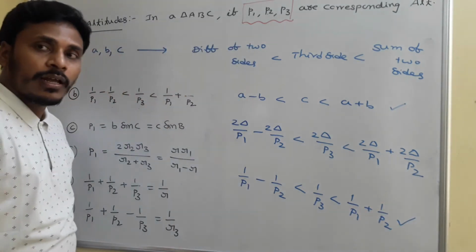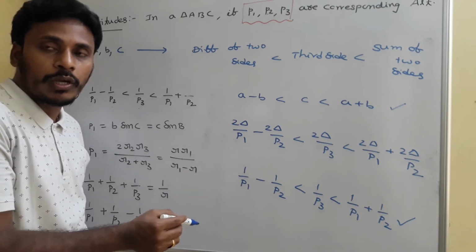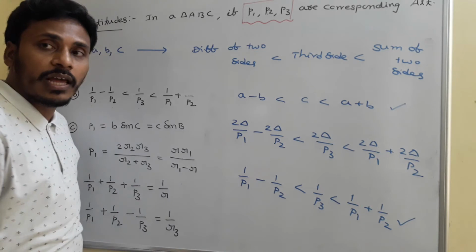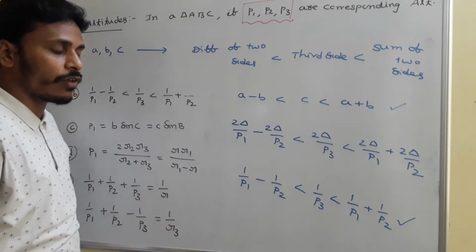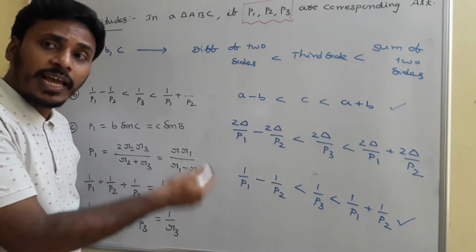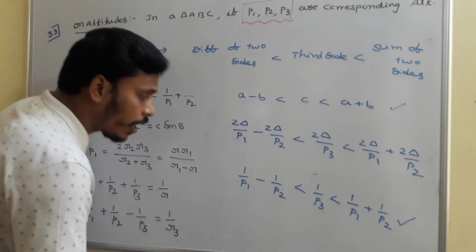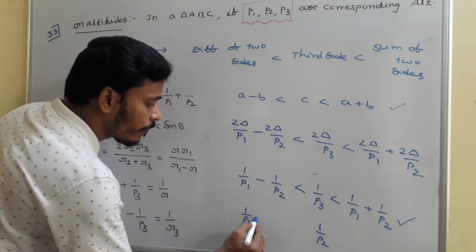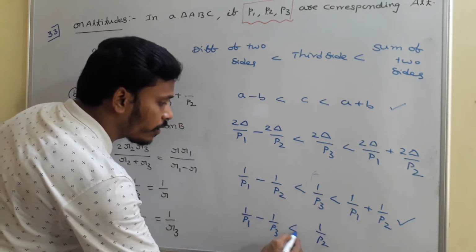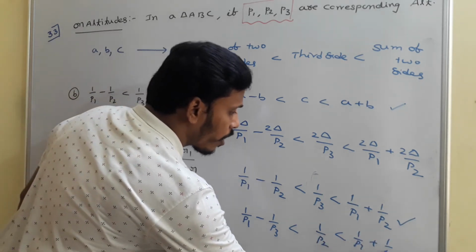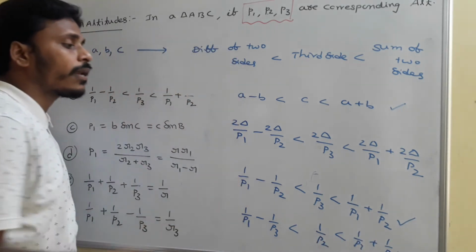Just think about it, not about 1, 2, 3. You may change the numbers. 1 by P1 minus 1 by P2 less than 1 by P3 less than 1 by P1 plus 1 by P2. Here the center one is 1 by P3. You may take P2 here, no problem. If you write 1 by P2 in the center, then the situation is 1 by P1 minus 1 by P3 is less than 1 by P2 is less than 1 by P1 plus 1 by P3. So these are symmetrical statements.